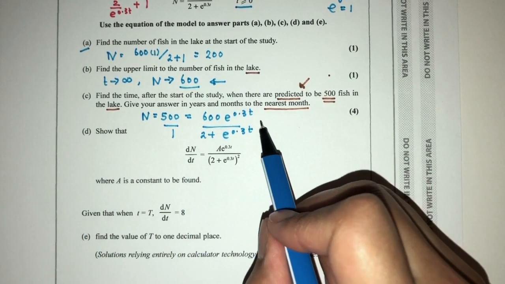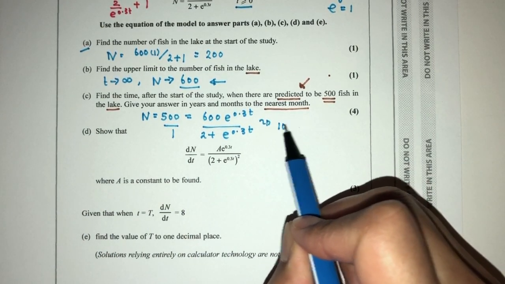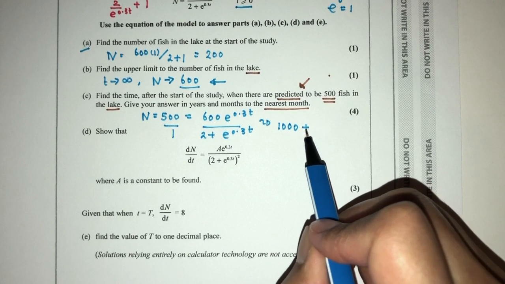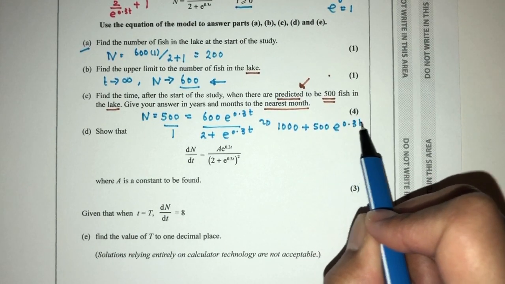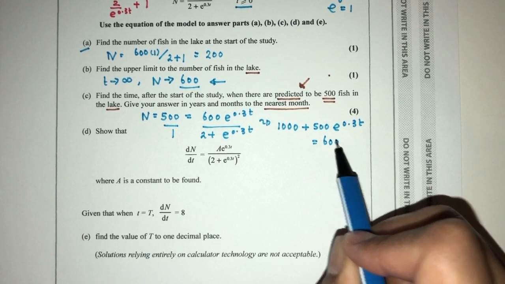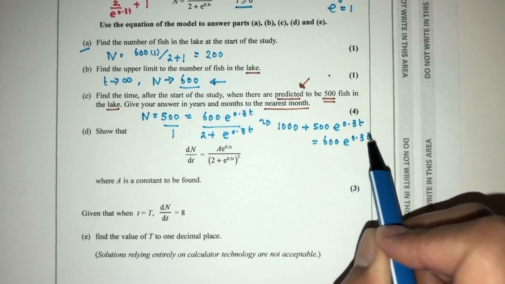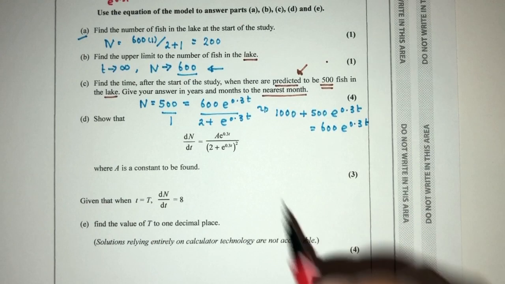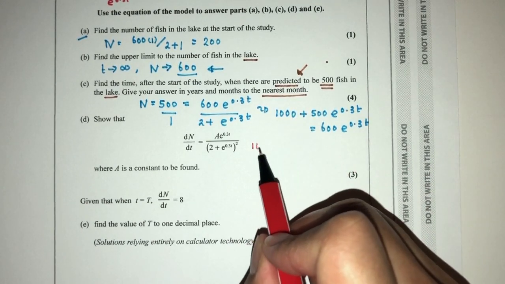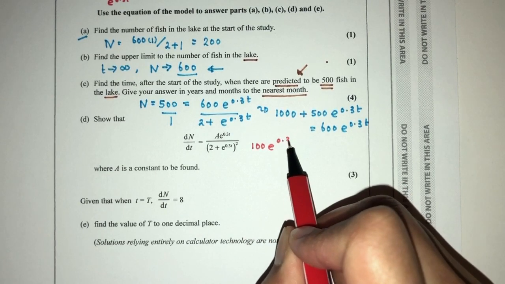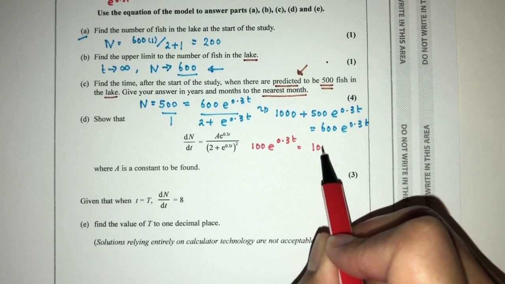You will have 1000 plus 500 exponential 0.3t is equal to 600 exponential 0.3t. Now let's rearrange this, send this over here. You will have 600 minus 500, that will be 100 exponential 0.3t, which has to be 1000.